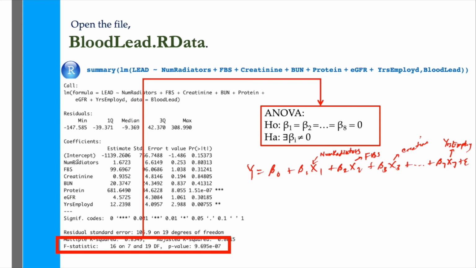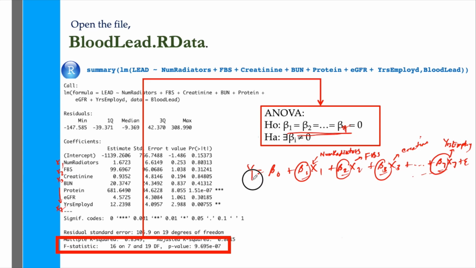So in other words, this is your x1, x2, x3 up to x sub 7. Now, the ANOVA tests whether beta 1, beta 2, beta 3 up to beta sub 7 are all equal to 0. If all the coefficients are 0, meaning y will be constant.